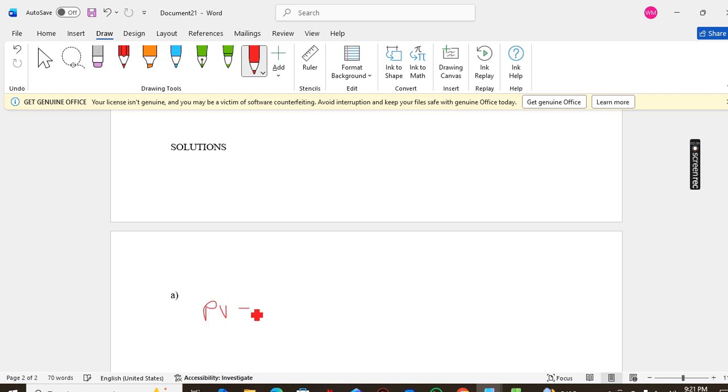The present value equals the cash flows that we're going to be receiving multiplied by our annuity factor here, 1 minus 1 over 1 plus r to the power n, over r.